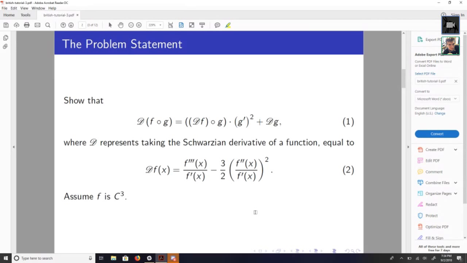So in the first term we have 3 primes upstairs, 1 prime downstairs. 3 minus 1 is 2. So we have 2 powers of the inverse units of x. And in the second term we have the square of 2 primes upstairs and 1 prime downstairs. So that's the square of 1 prime upstairs, which is 2 primes upstairs.